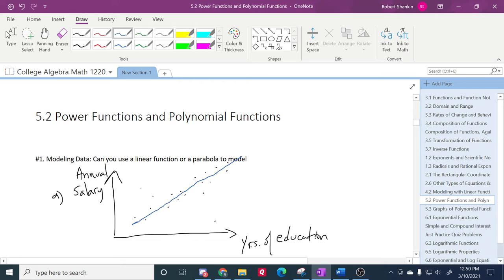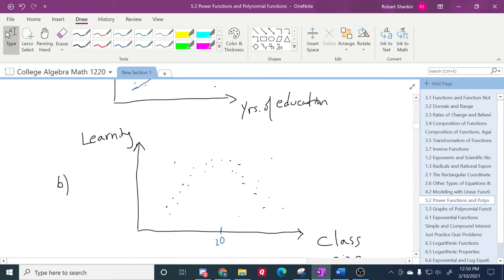If you only had the data up to a certain number of years of education, you could predict further out and so on. And you could go in between values if you had a function for this. And a computer can easily come up with that function as well. Alright, so the answer on this one is yes. So can you use a line, linear function, or a parabola to model?